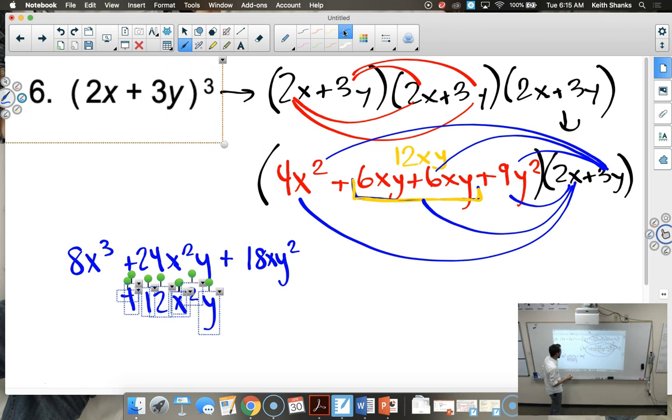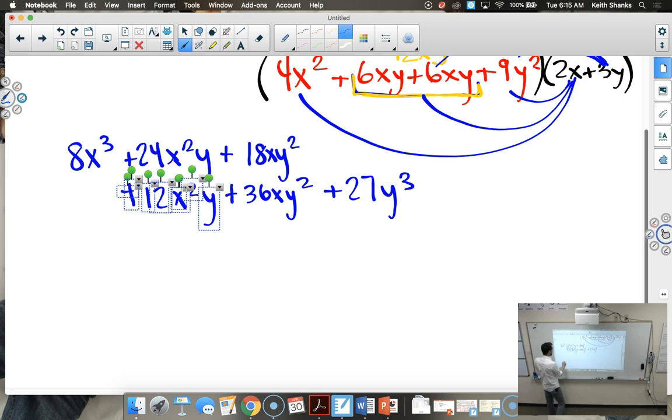All right. Next, 3y times 12xy, so what I'm going to get is plus 36xy squared, and then plus, last one, 3y times 9y squared is 27y cubed.